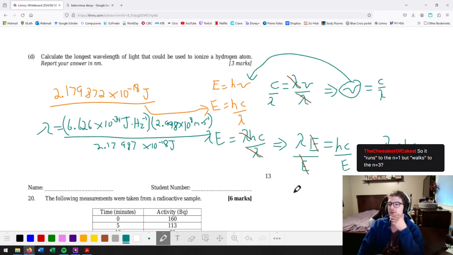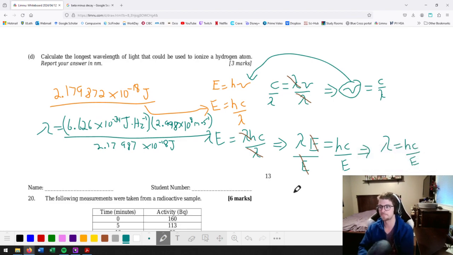"N runs to n equals 1 but walks to n equals 3." I do like that terminology. I think the nuance is not quite going to correspond to that, because these processes happen at effectively the same speed.